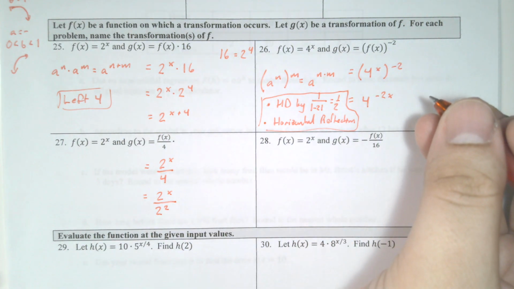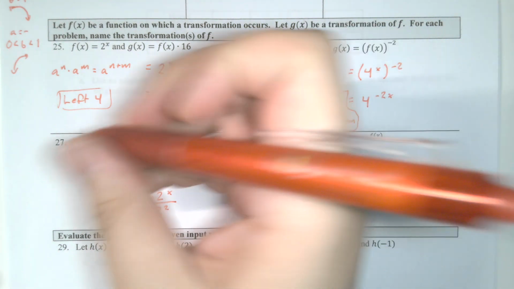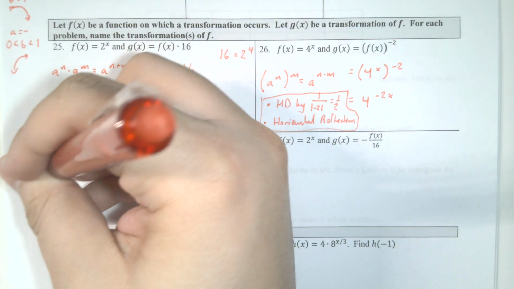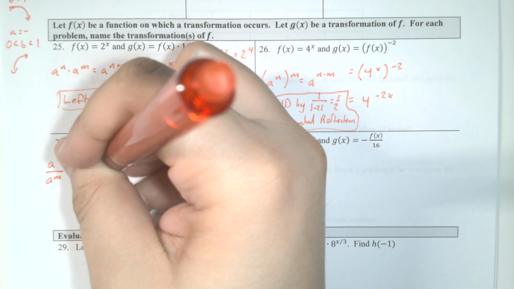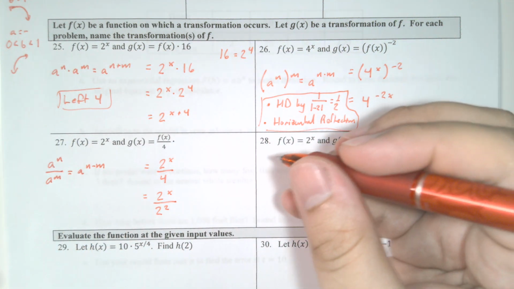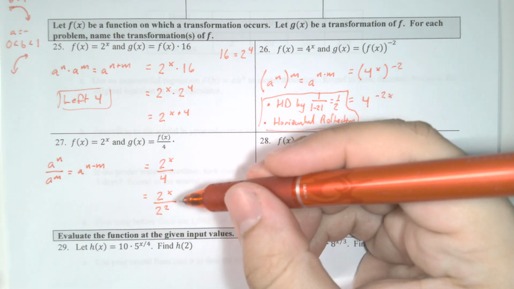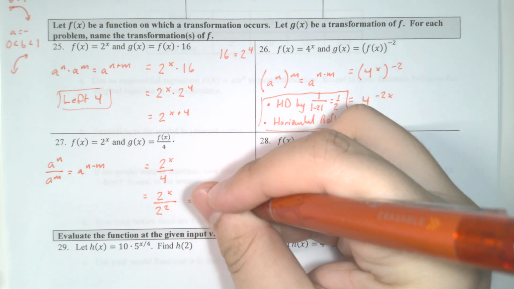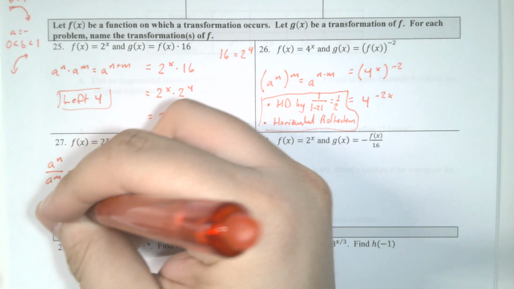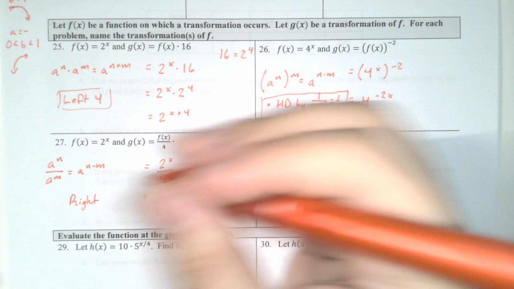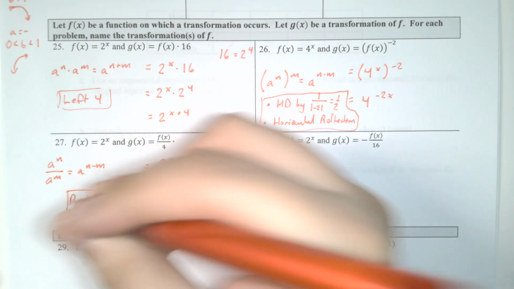The other property that we want to use, similar to this one, is that a to the n over a to the m is equal to a to the n minus m. Now we can rewrite this as 2 to the power of x minus 2, which means that we have gone right 2 units.